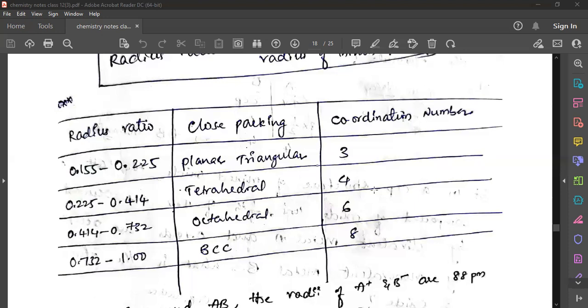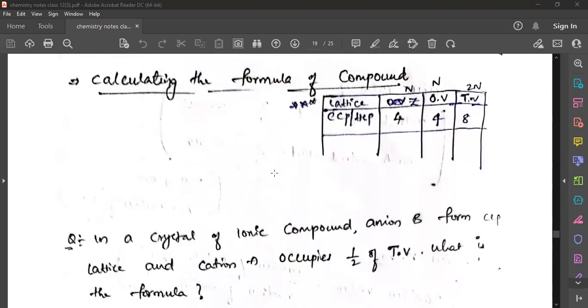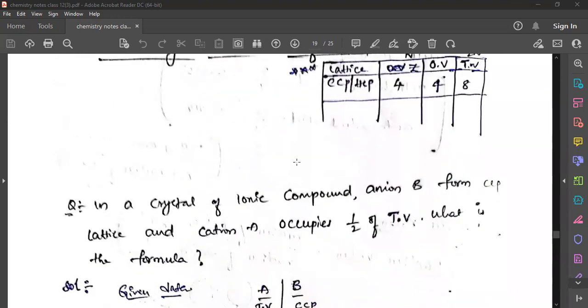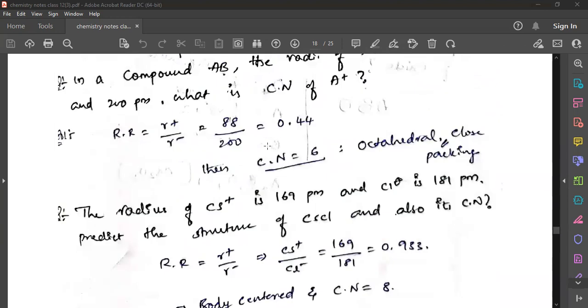What is the radius ratio in the case of trigonal planar? That is 0.155. In the case of trigonal planar, radius ratio is 0.155. Okay. So based upon this, we'll do some numericals now.